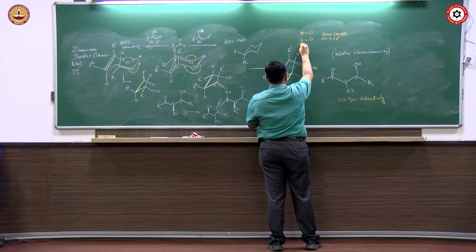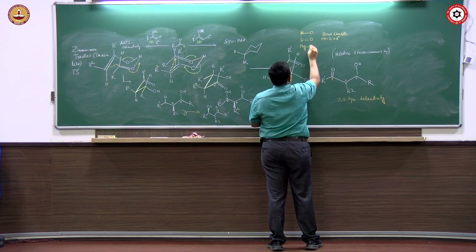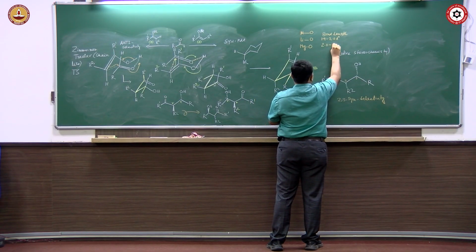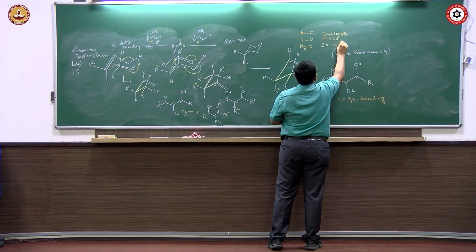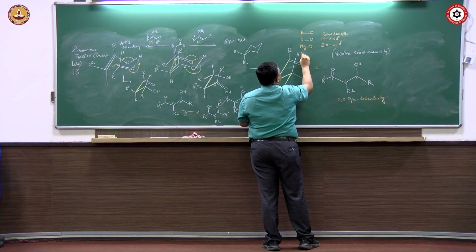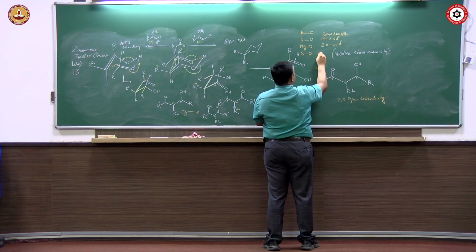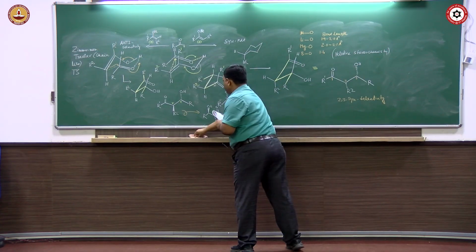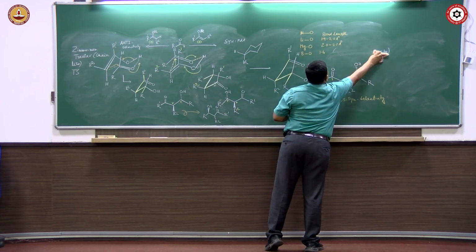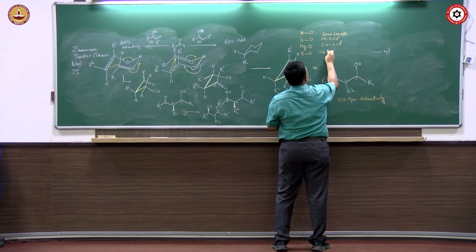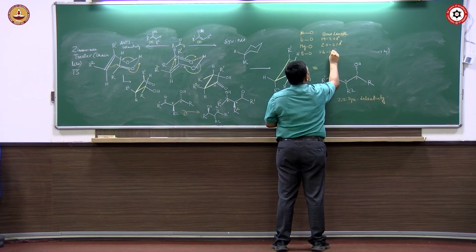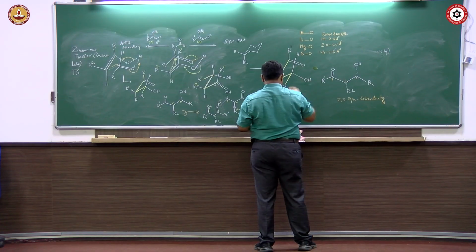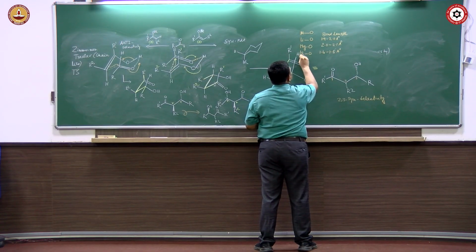When it is magnesium, it becomes even bigger, 2.0 to 2.1 angstrom. And when it is boron-oxygen, it becomes shorter, 1.4 to 1.5 angstrom.